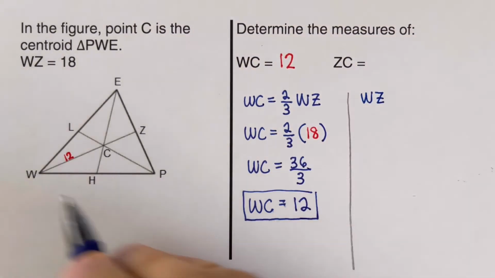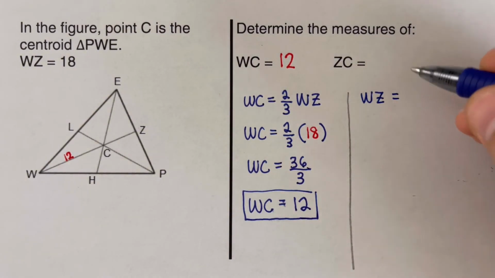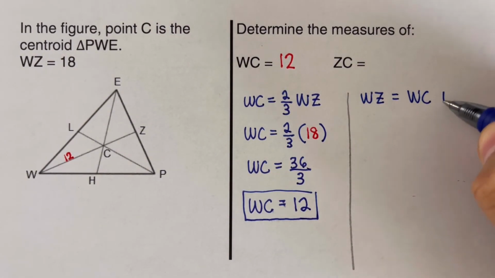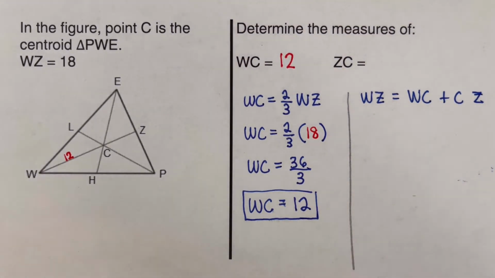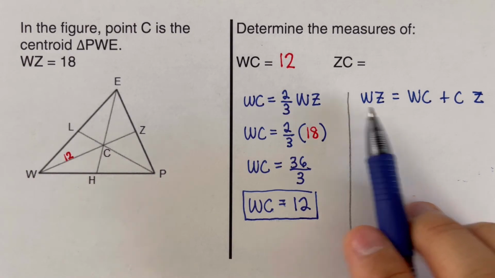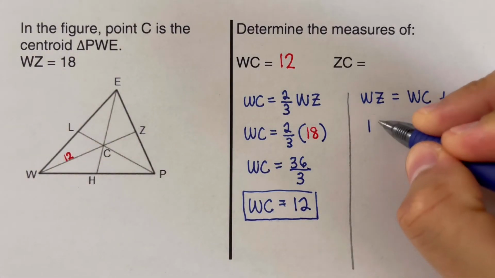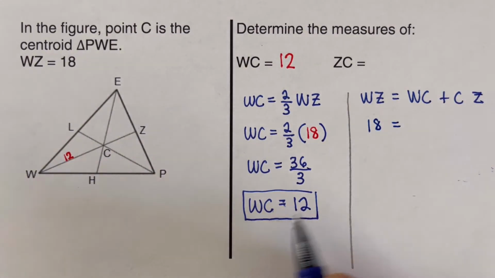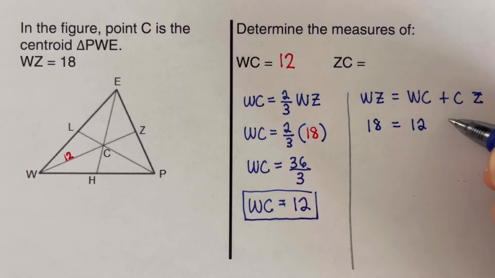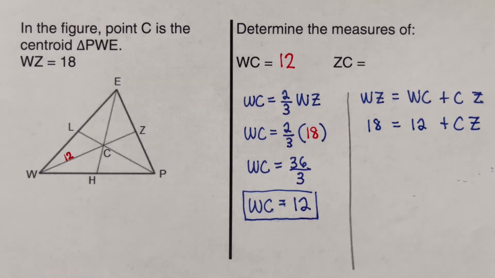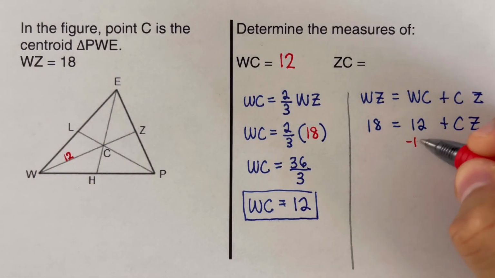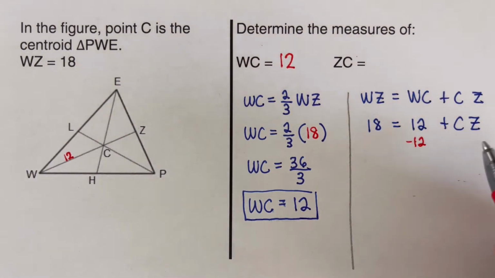WZ, which is the whole thing, is equal to WC plus CZ. So we can plug values in. Our WZ is 18, and our WC, the one that we solved, is 12, plus CZ. So we subtract 12 from both sides so that we can solve for CZ, or ZC.